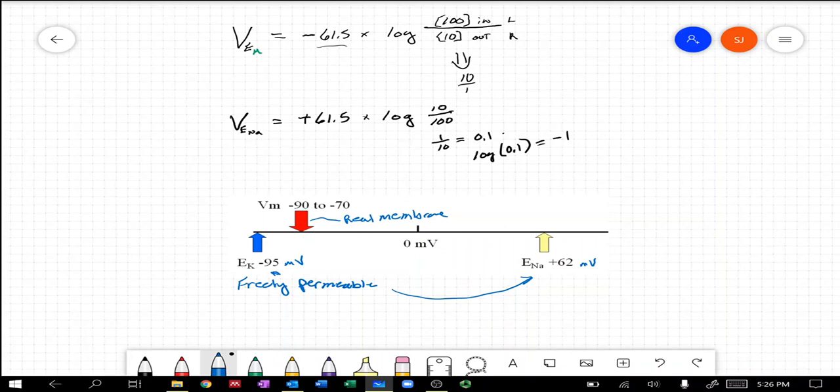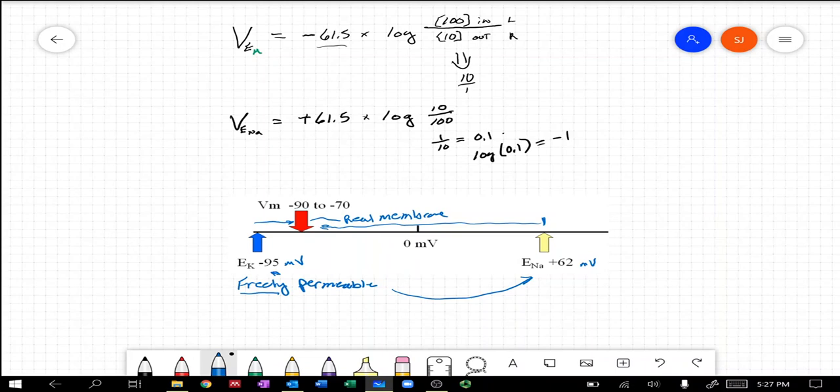Well, comparing the equilibrium potential, so what would happen if the membrane were freely permeable to that ion, compare that to what we actually measure here, you can see that potassium is actually quite close. There is only a small difference between the equilibrium potential for potassium and our actual resting membrane potential. Sodium, on the other hand, wow, it's way over here. There is a huge difference between sodium's equilibrium potential and our actual resting membrane voltage.